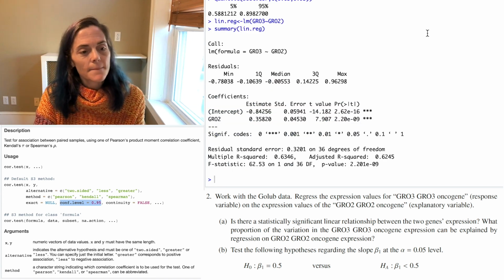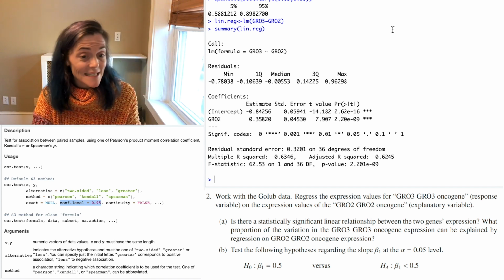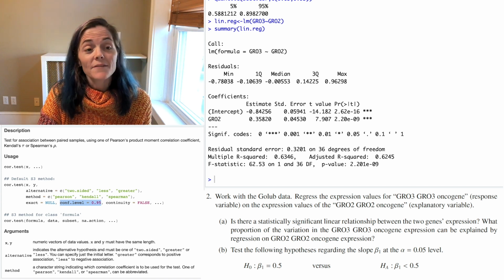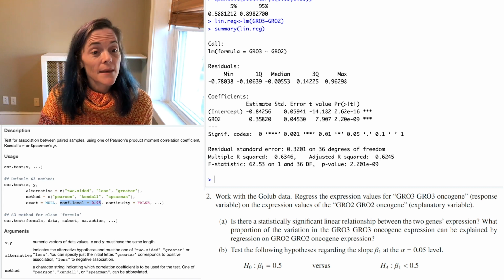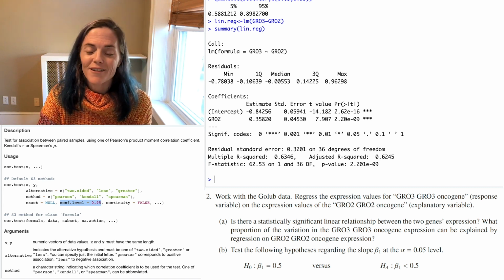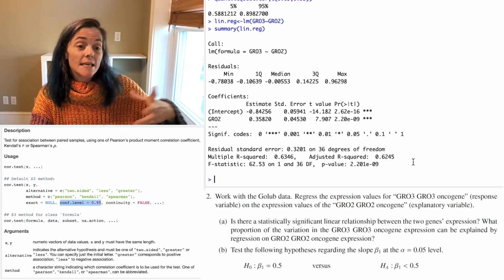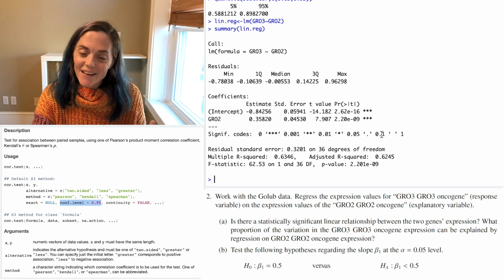What do we see? The question is, is there a statistically significant linear relationship between the 2 genes' expression? And then we have to answer the question, what is the proportion of variation that can be explained by this linear regression model? Well, for the first part, is there a statistically significant relationship? There's really 2 places we can look.